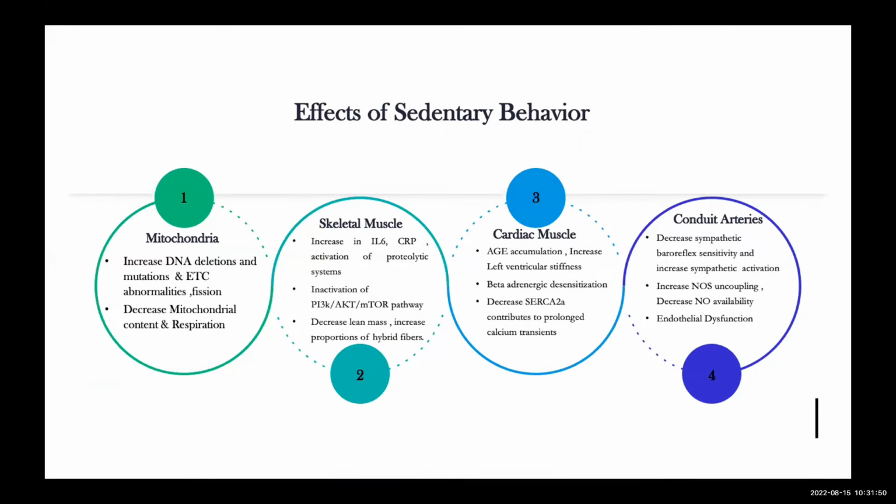These translate into upscaling of various oxidative stress markers, and they cause depressed function of the sarcoplasmic reticulum in the cardiac muscle, and ultimately hardening of the cardiac conduit, which may lead to endothelial dysfunction, which may cause heart failure, and may predispose to coronary artery disease. So the point to understand here is that the defect starts at the very, very mitochondrial level, and the effect starts taking place at the genetic level.